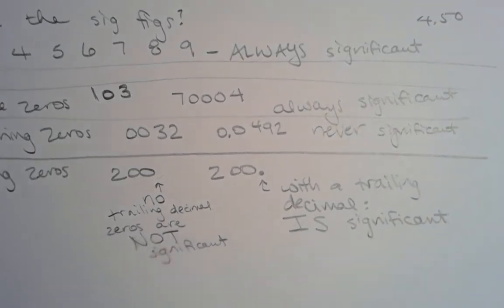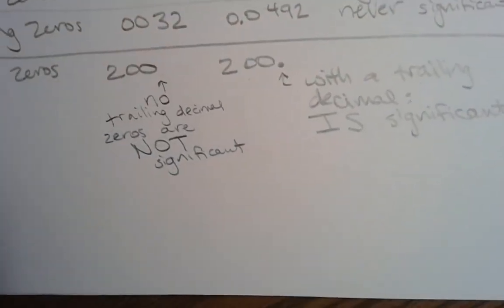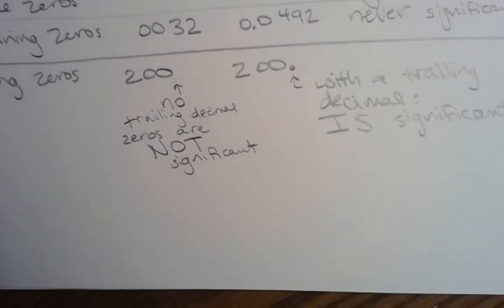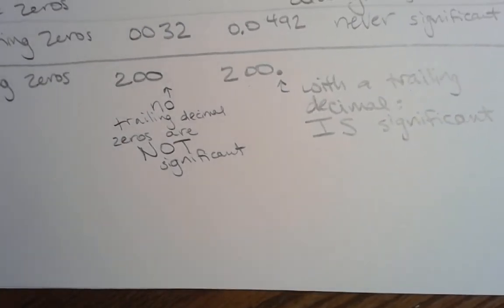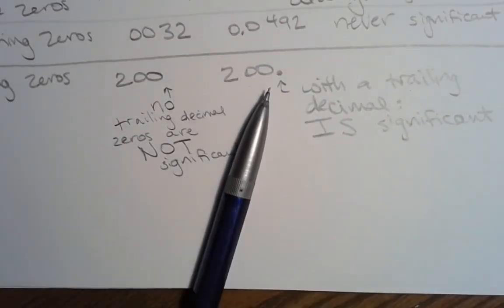Okay, I'm going to zoom in on all of that. This is your ending zeros. If there is a decimal printed, what that means is we could see to that level of precision. So we are completely confident that measurement is 200 and not 201.